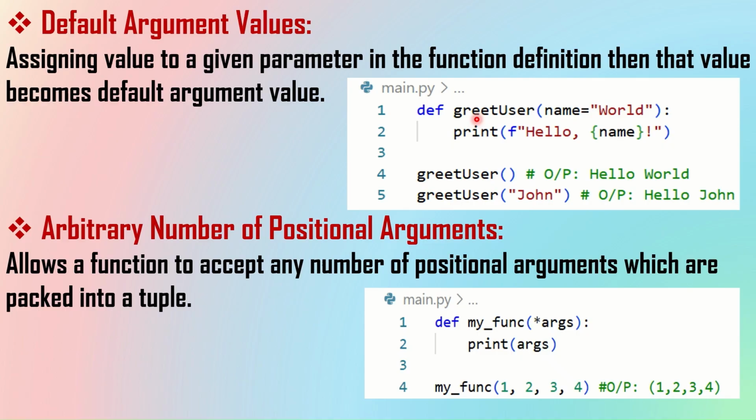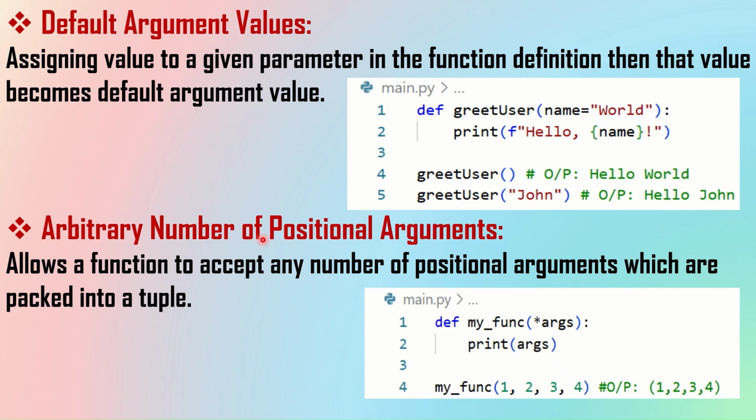This time it will print hello John, because I was passing the value, so the old value is replaced with the John value. In this way, if you don't want to provide the value while making a function call, you can simply define a parameter in the function definition with a default value.